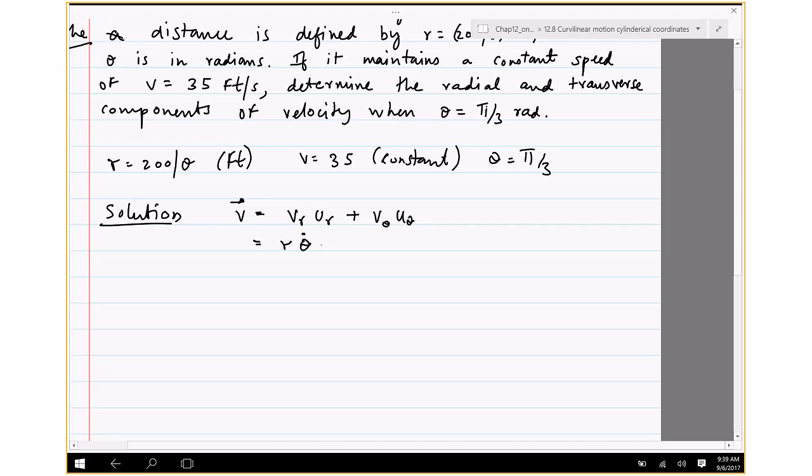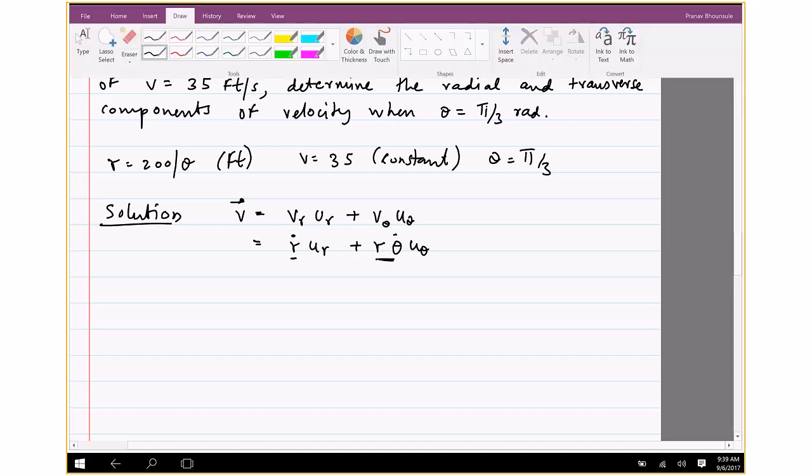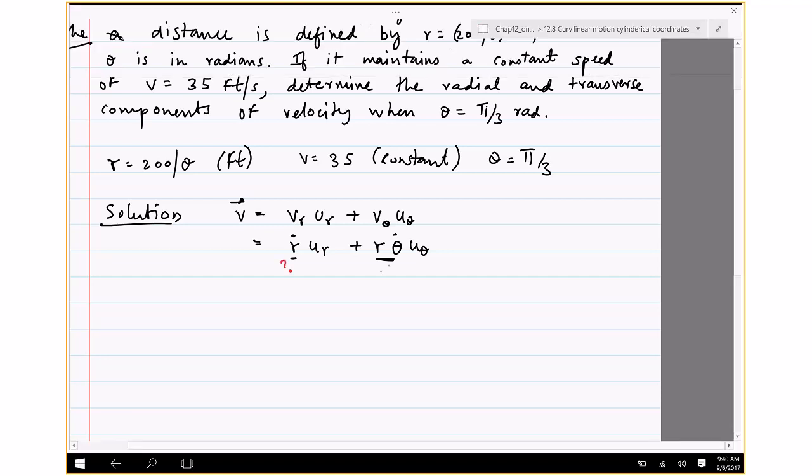Is that right? No, that's not right. It's r dot u_r plus r theta dot u_theta. So we've got to find r dot and r times theta dot, and we are done. This is the first unknown, this is the second unknown.